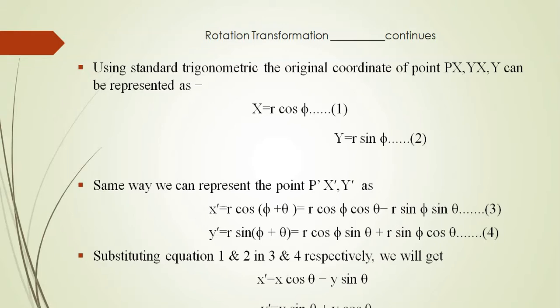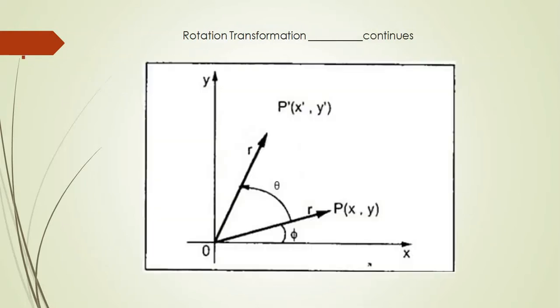We use a formula to calculate the new coordinates x dash and y dash, and the equation is r cos of phi plus theta. Why r cos phi plus theta? Because we rotate this object.